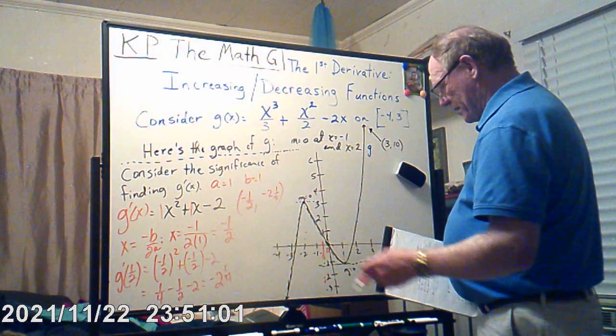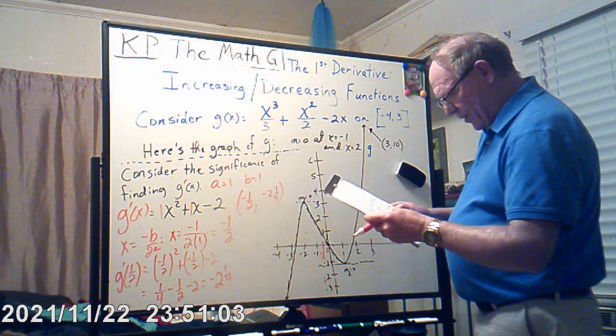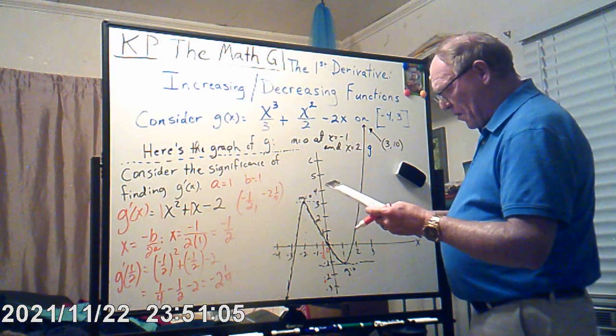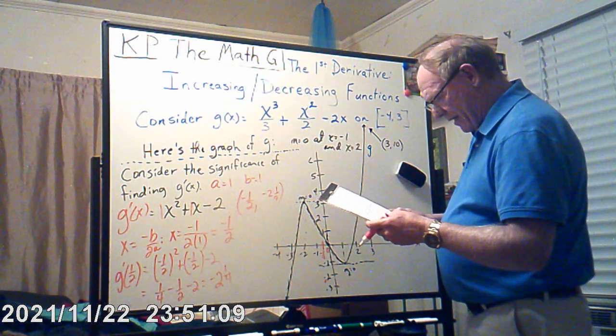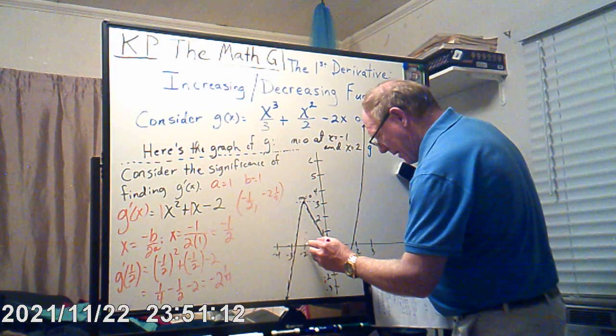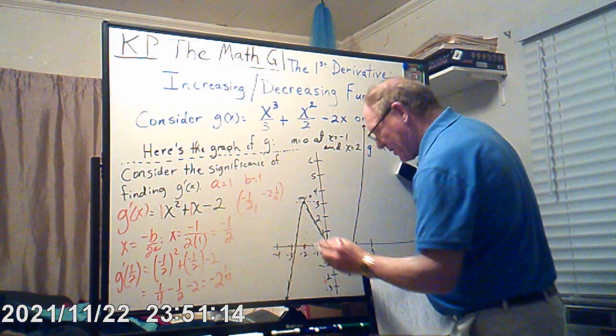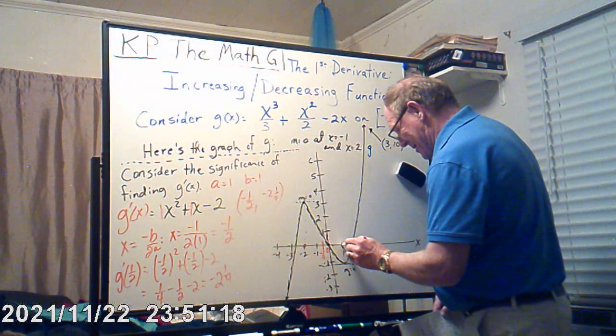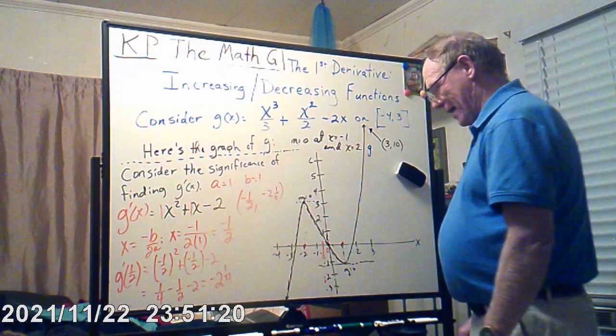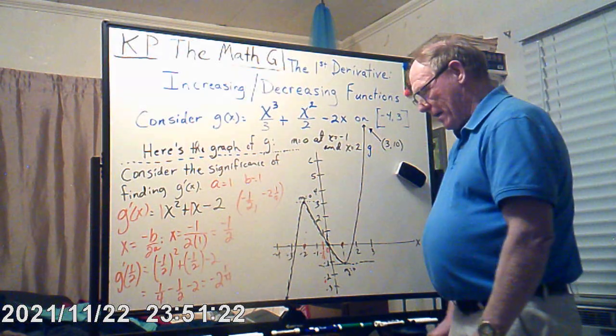And I have found some other points as well. I plugged in negative 2, and let me just look at my paper again. Notice that at negative 2, I got 0, which I should get. And at 1, I got 0, which I should get. Why?